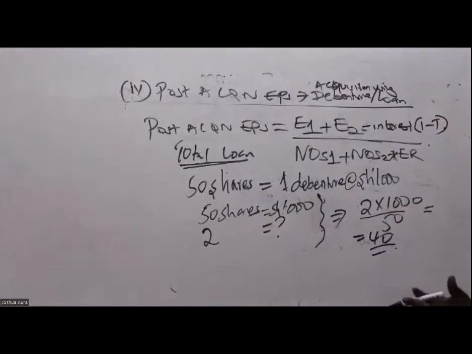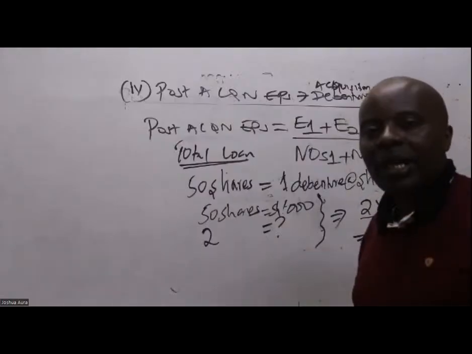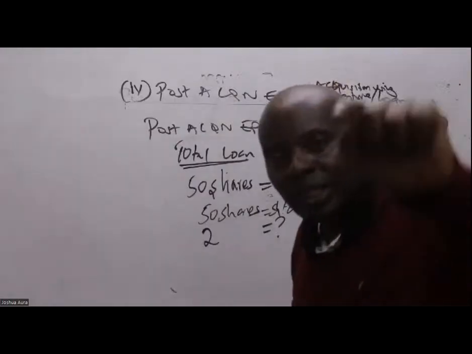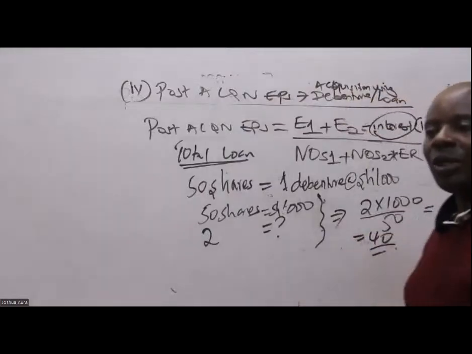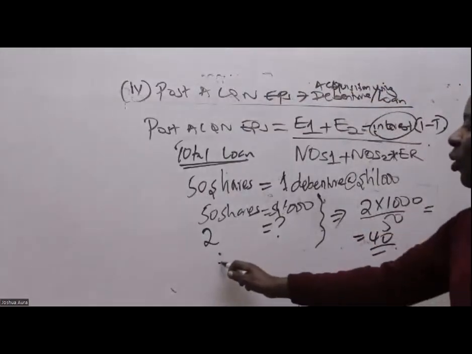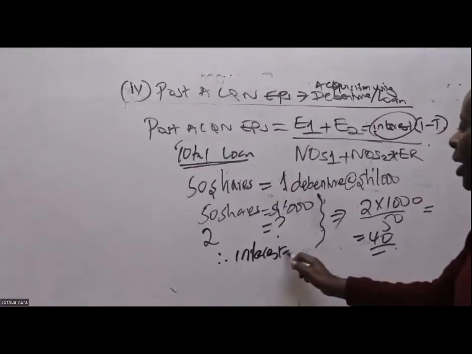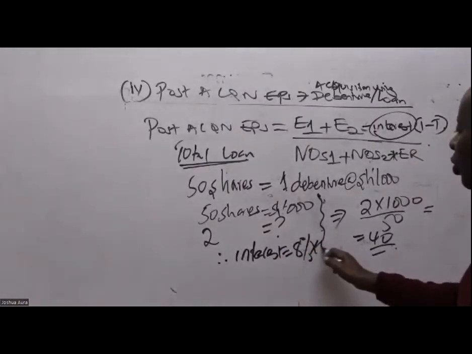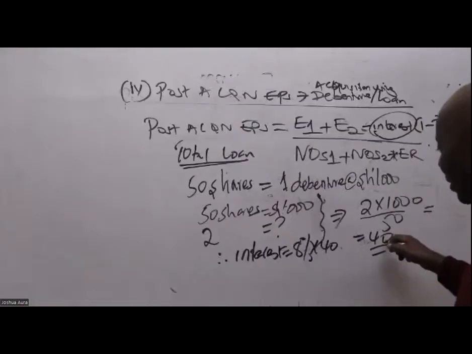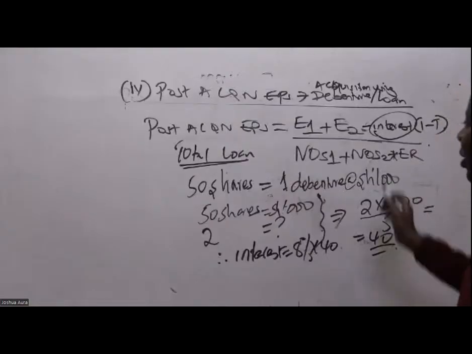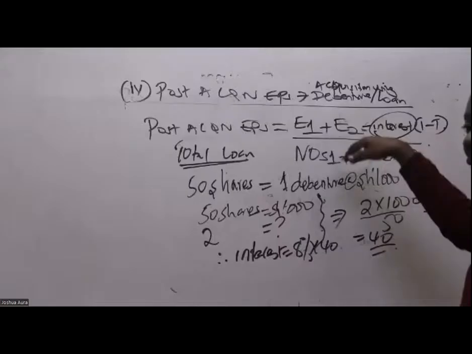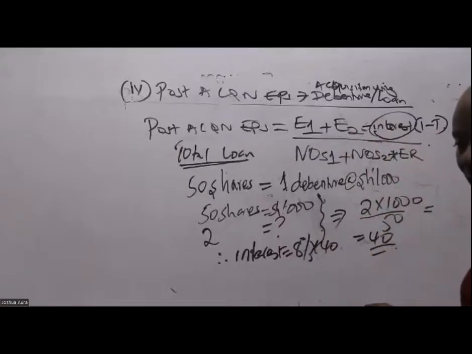What I am after is the interest. Have they told me the coupon rate of interest? In the question, what is the interest rate? Therefore, interest payable will be 8% of the total loan. I know the loan is 40 million, but all these figures don't have millions, they're minus those zeros.